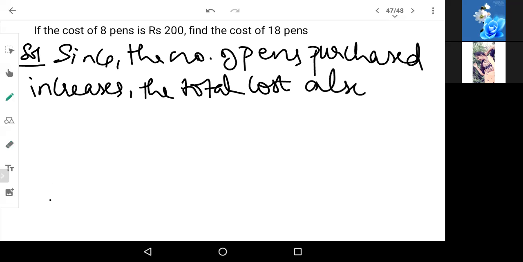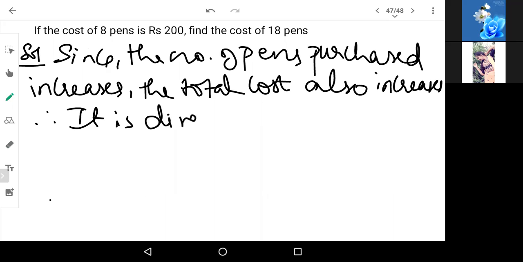If the number of pens purchased increases, the total cost will also increase. Therefore, it is direct proportion. Okay, so much if we define also, it is more than enough.